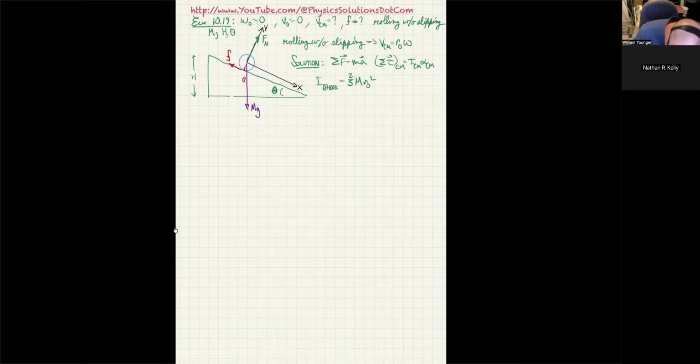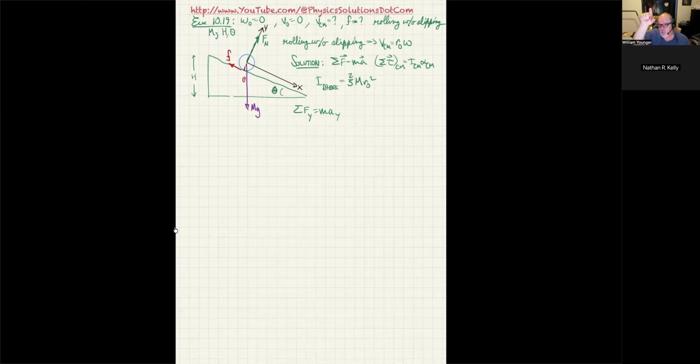Now I'm going to take the summation of the forces in the y direction equals mass times acceleration in the y direction. I know that's supposed to be a y, and it turned out to look like an x. So the summation of forces in the y direction equals mass times acceleration in the y direction. Now, this object's going to be rolling down this incline, and the y is perpendicular to the plane.